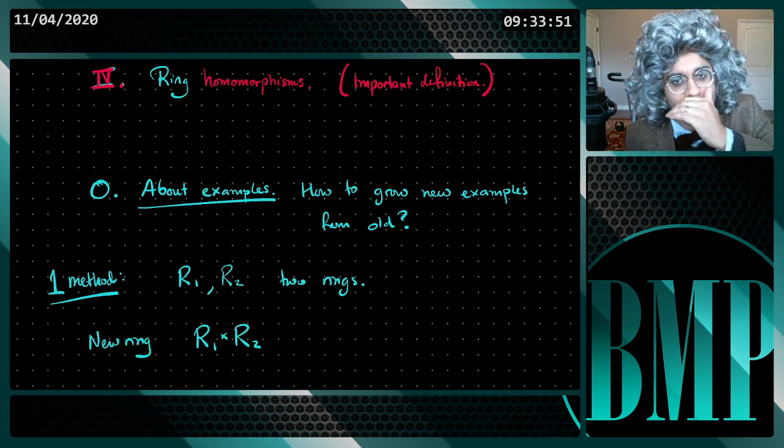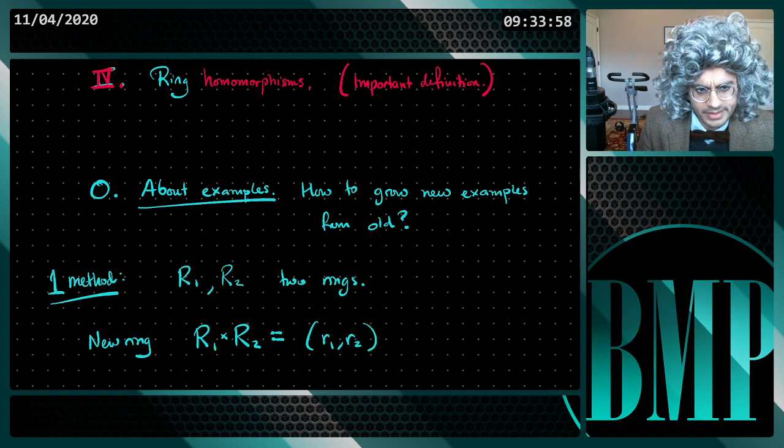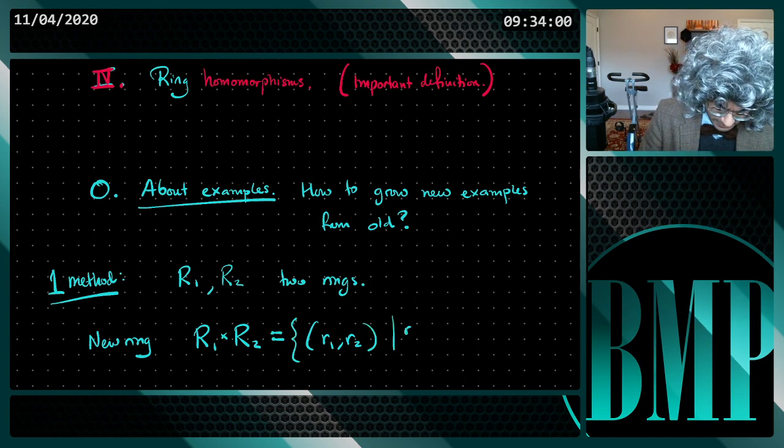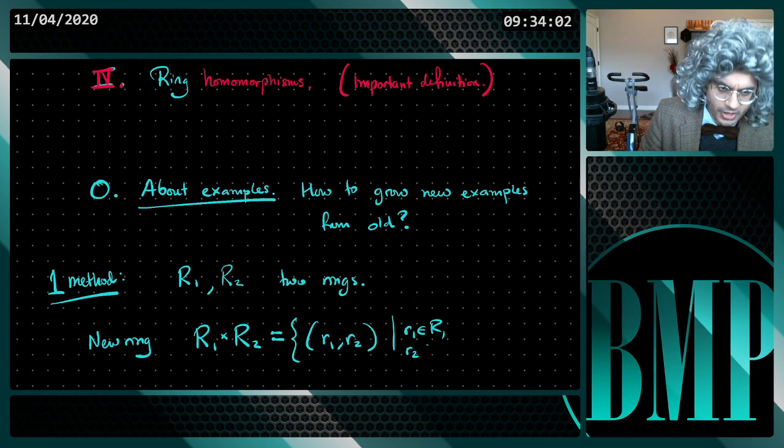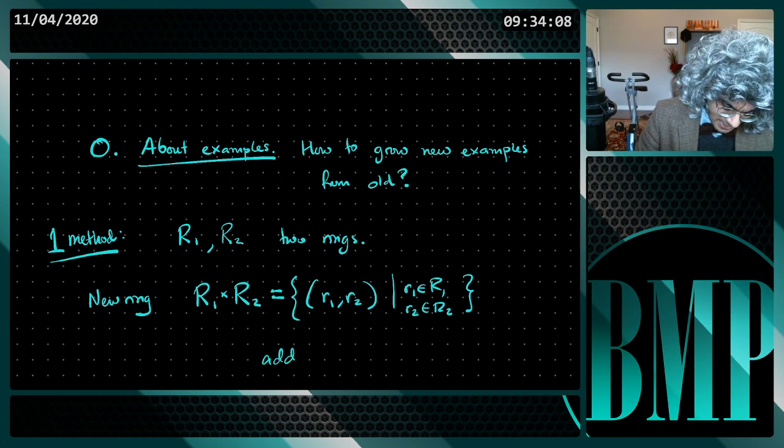It's called the product. This is a set of pairs. You know, the product set. And what's the multiplication? You add and multiply component-wise.